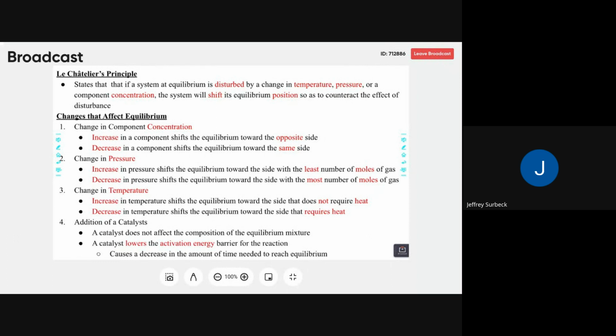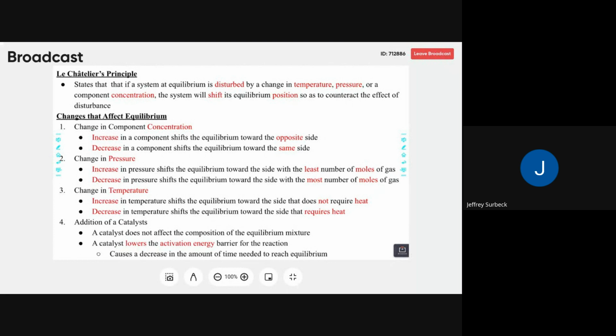Now we can talk about what happens if we are already at equilibrium and we either add stuff or take away stuff. What's going to happen? We refer to these as shifts. If we add something, it's going to shift one way.